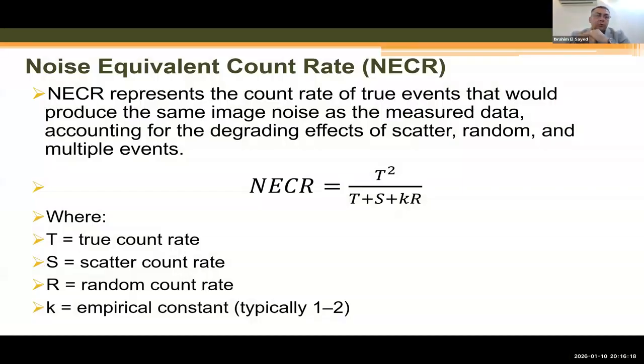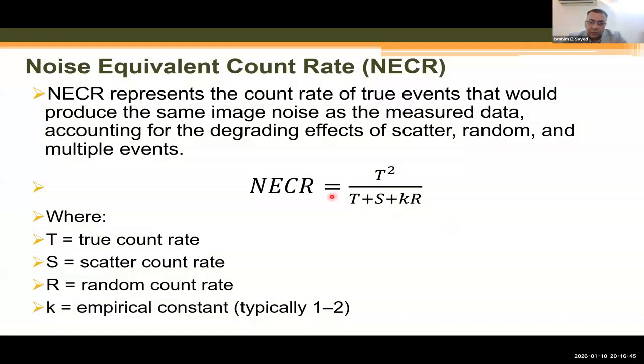Now here we come to one of the most important parameters. Maybe you know it or you have heard about it before. It's called NECR. The NECR represents a count rate of true events that would produce the same image noise as the measured data, accounting for discarding effects such as scatter, random, and multiple events.